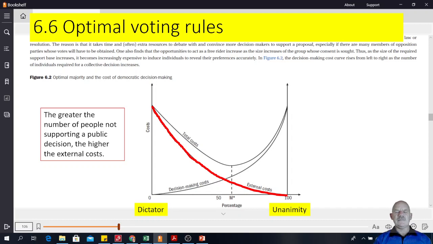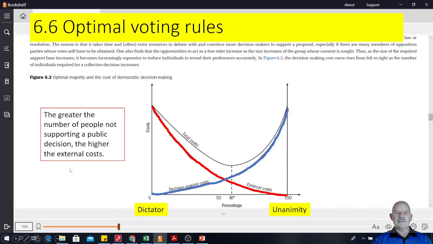So if a dictator makes all the decisions, then the external cost is very high because these decisions could impact almost all of society. But to the right of the picture, there's no external cost because everybody has a say, and you just say what you want. Since they have to consult you, there's no external cost on you.